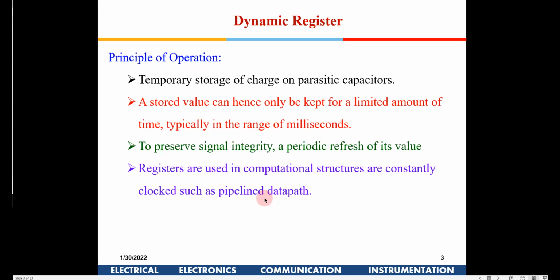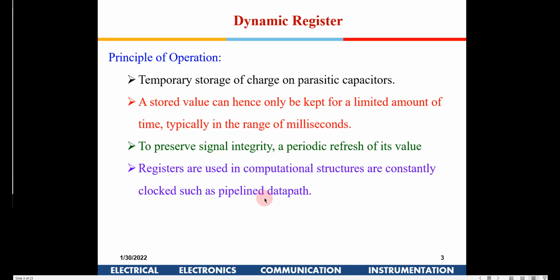Now if you see how long the data should be there in the instruction queue, if the microprocessor is working even in megahertz, then the data available in the instruction queue will be there only for a few microseconds, right? Similarly, when you have pipeline adders and the main ALUs, they operate at high frequencies.